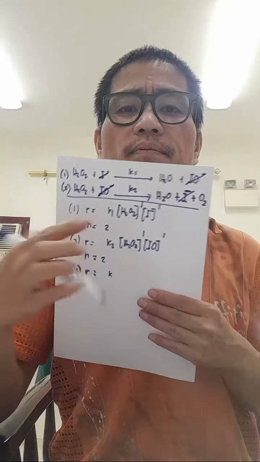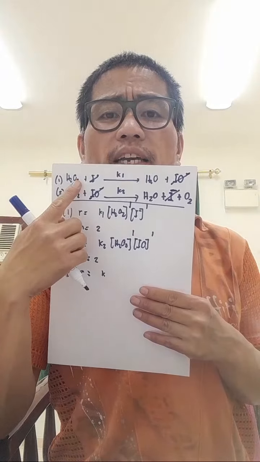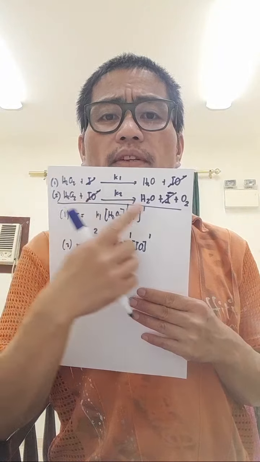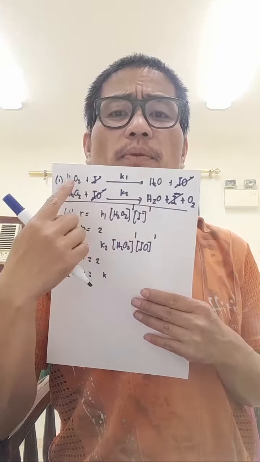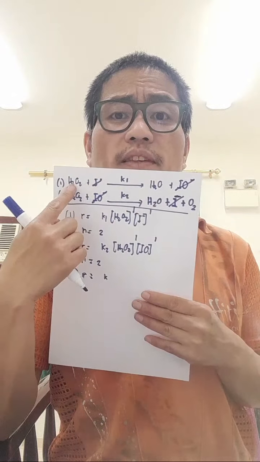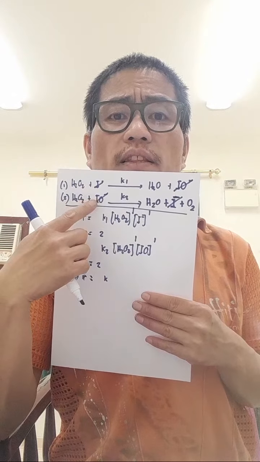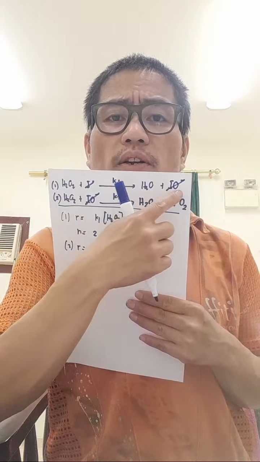Okay, iodide cancels. Reactant and product have the same quantity, so they cancel. And iodate, reactant and product the same quantity, cancel.